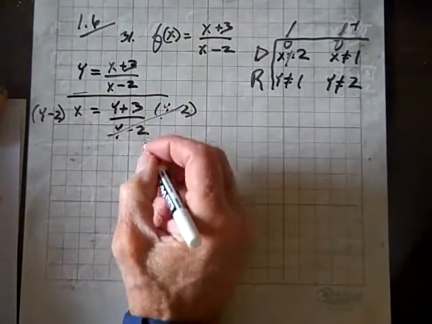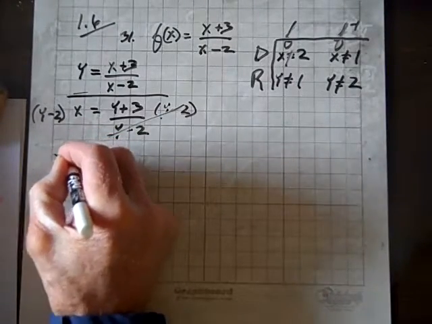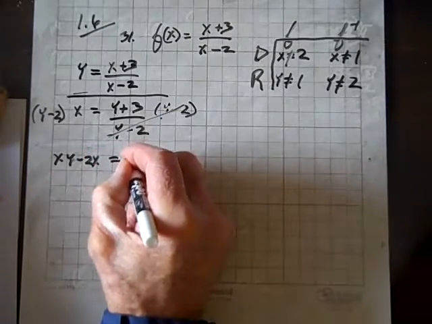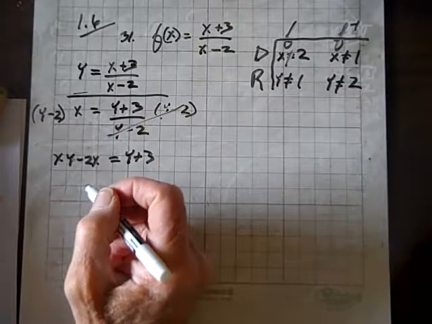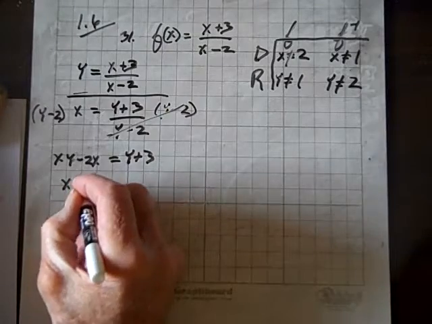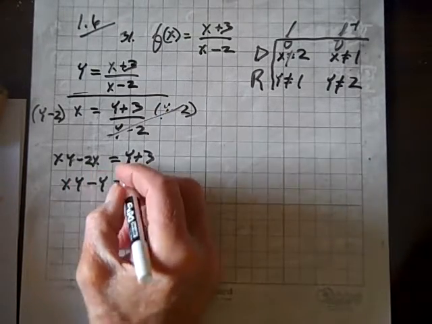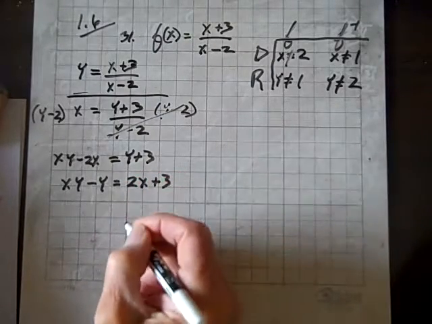Now on this side those divide out, and when we multiply this out we get xy minus 2x equals y plus 3. Now we'll get all the y terms on one side, everything else on the other. So I've got xy, and subtracting y from both sides, and adding 2x to both sides. Here's what we arrive at.